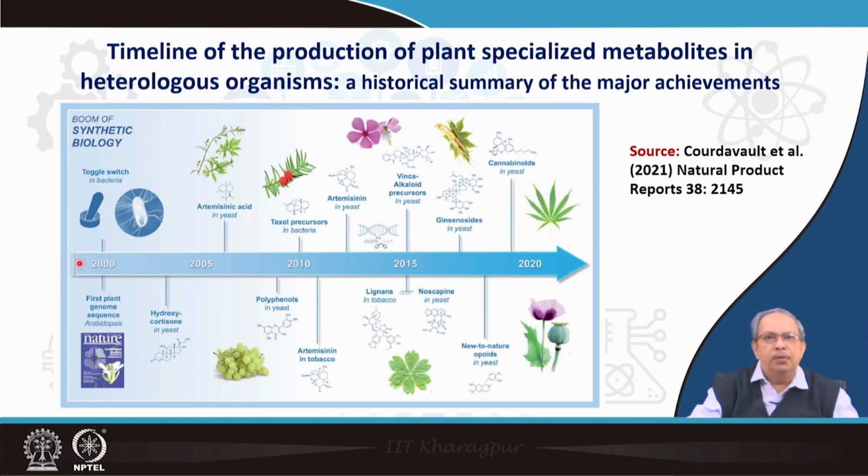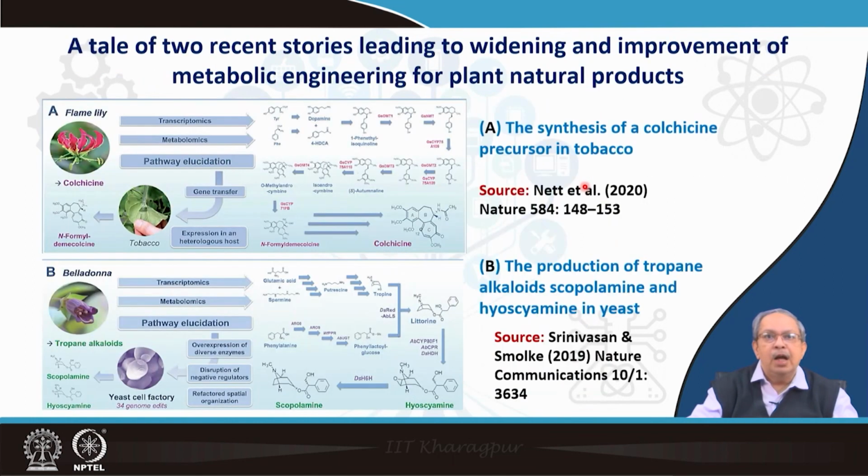That work started from 2000, and until 2020 there have been a lot of achievements. The paper published in Natural Product Reports highlighted these achievements, this historical summary, and that is indeed very exciting. This is a very exciting time.